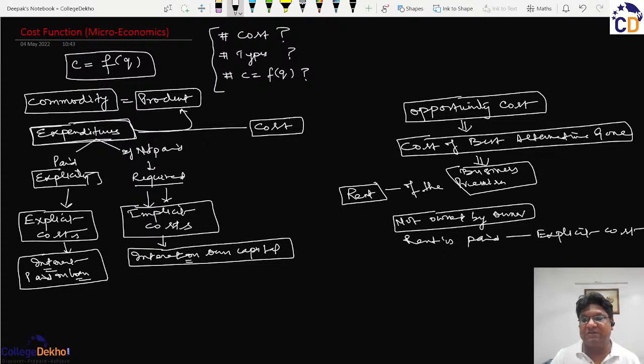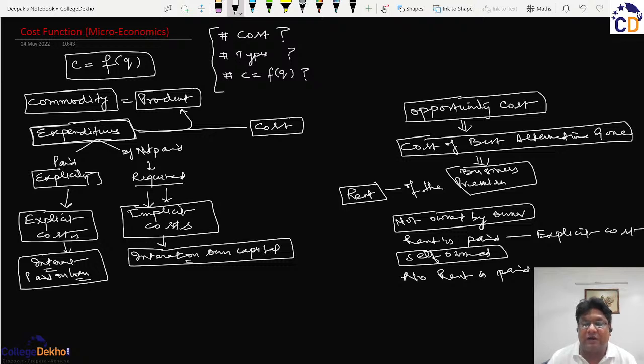It denotes an explicit cost. But if the property is self owned, that is, the owner has its own property, then no rent is paid. But if the property could have been let out, then they must have been receiving the rent.